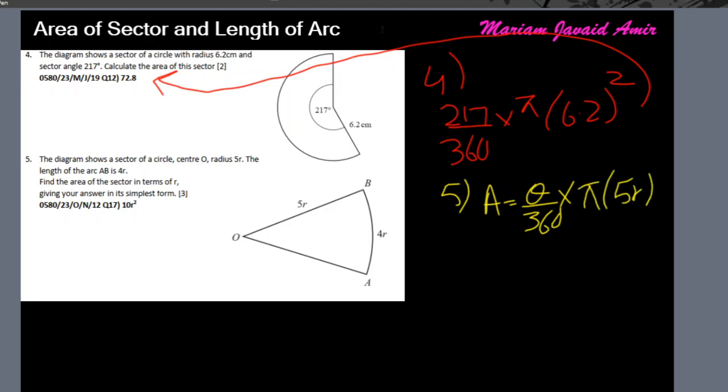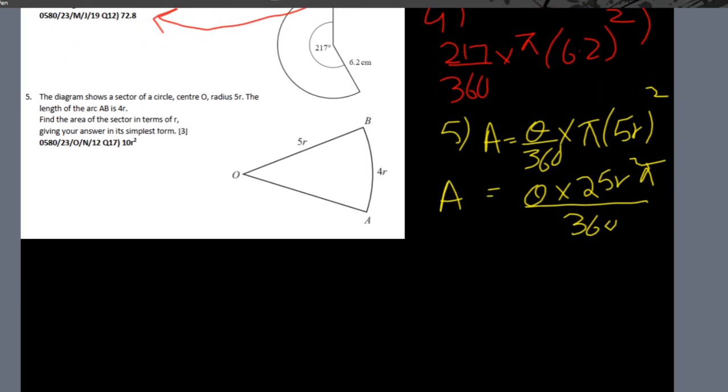So pi r squared, which becomes theta times 25 r squared pi over 360. So we still have theta in the equation, we should only have the area in terms of r and not any other variable. So now we need theta.